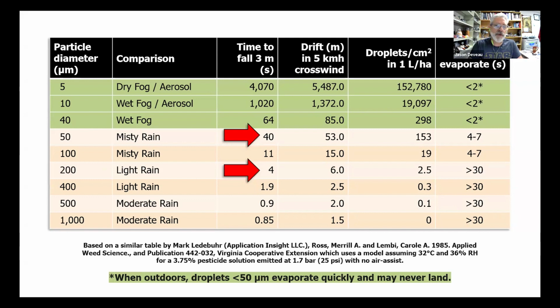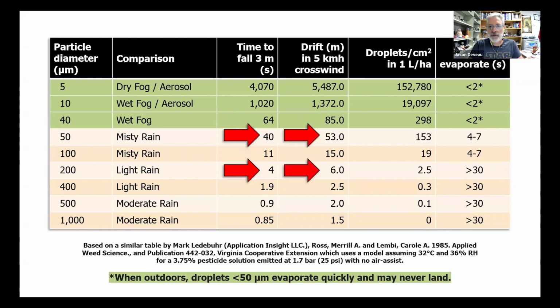How long would it take for those to fall if I were somehow able to drop them from 3 meters? Well, the finer droplet, the extremely fine at 50 microns, would take 40 seconds to fall 3 meters, whereas the heavier droplet would plummet in 4 seconds. Well, what does that mean?